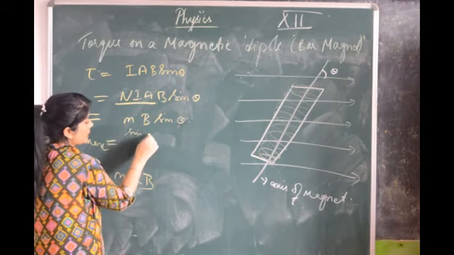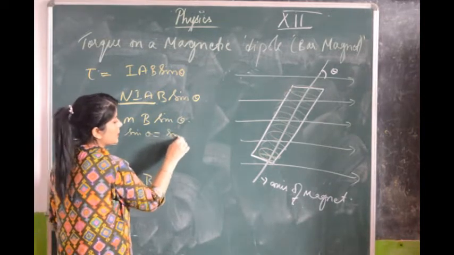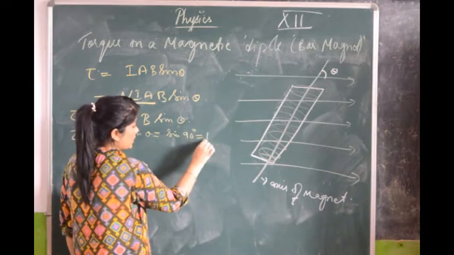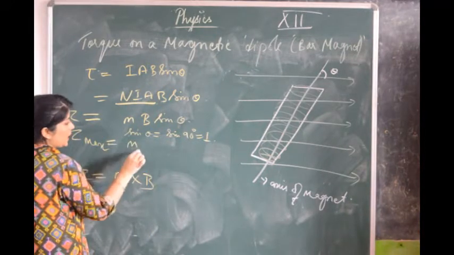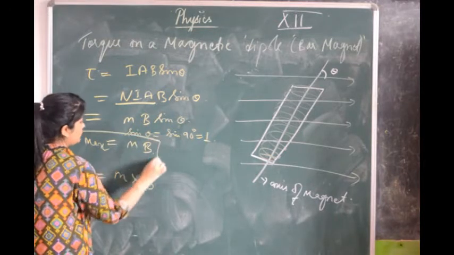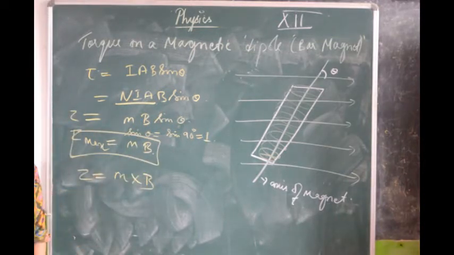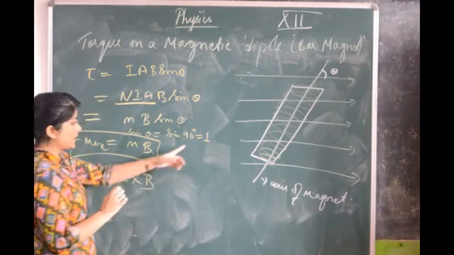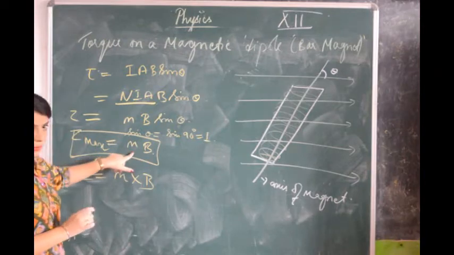When sin 90 degrees is 1, the torque will be M into B. This is the condition for maximum torque.